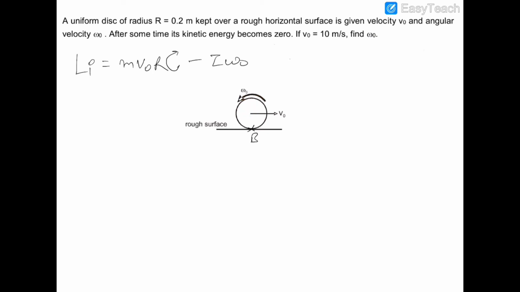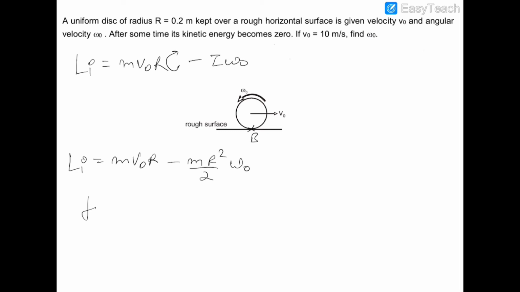So the initial angular momentum is m v naught r minus I omega naught, where I is the moment of inertia of the disk about center of mass, which is m r square by 2. So this is the initial angular momentum.